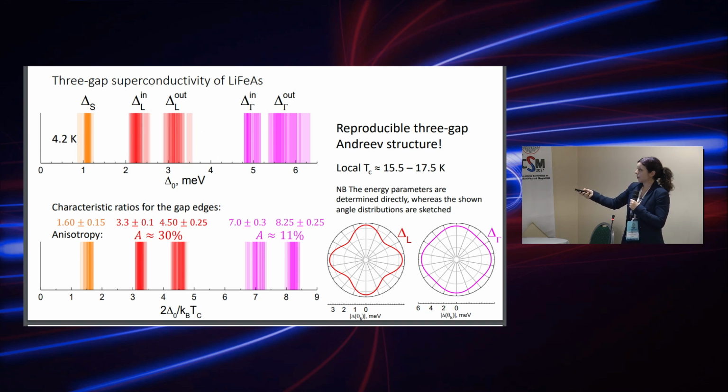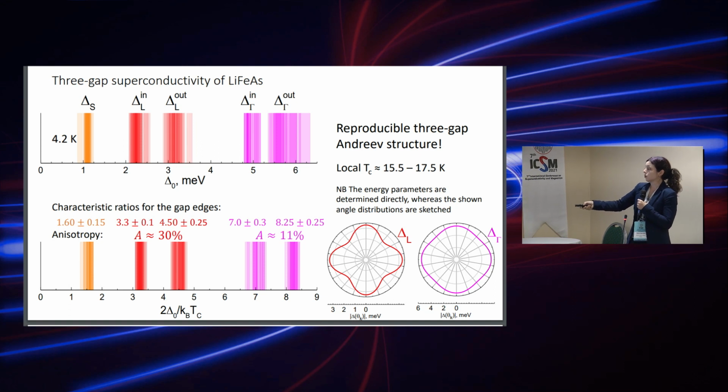Plotting these data in terms of the BCS characteristic ratio 2Δ/kTc, one can see that the data dispersion for the large gaps is much less, so the accuracy increases. This means the gaps scale with the critical temperature in this interval. Their characteristic ratios for the gap edges are summarized here.